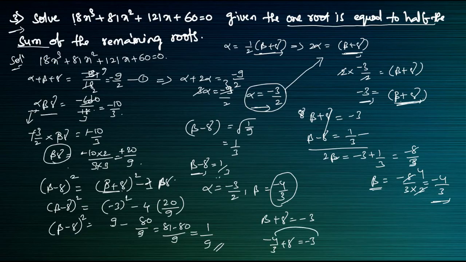Taking it to the other side, gamma is equal to minus 3 plus 4 by 3. 3 3 is 9, minus 9 plus 4, minus 5 by 3. So gamma is also minus 5 by 3.